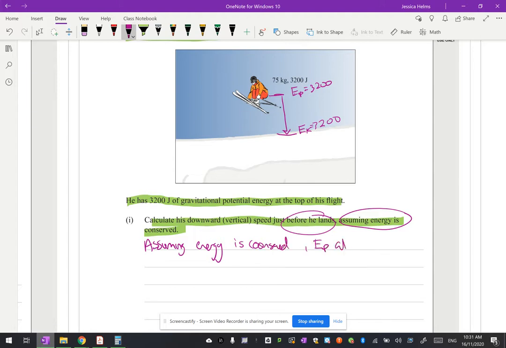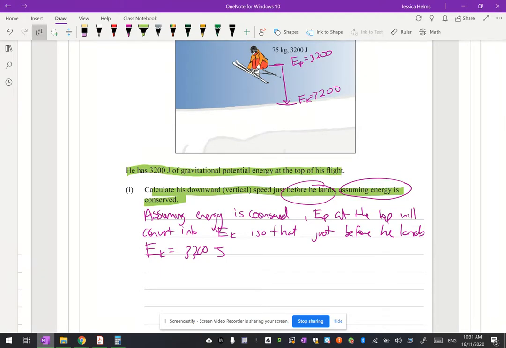Potential energy at the top will convert into kinetic energy, so that just before he lands, kinetic energy will equal 3,200 joules.